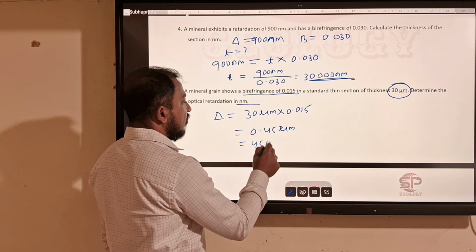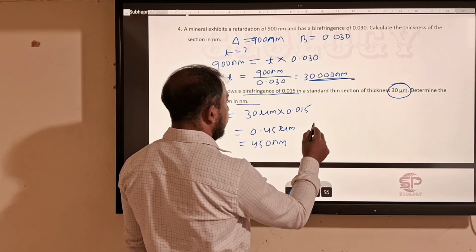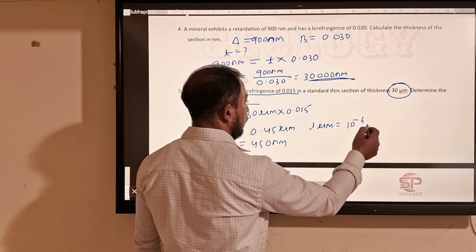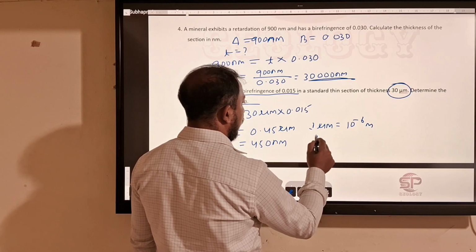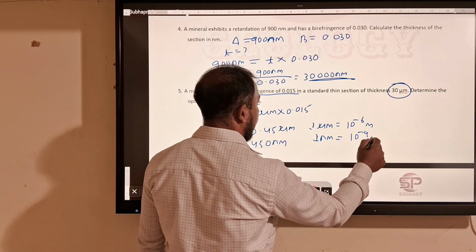If you convert it, it will be 450 nanometers. 1 micrometer is equal to 10 to the power minus 6 meter, and 1 nanometer is 10 to the power minus 9 meter.